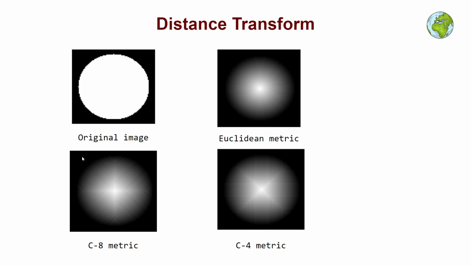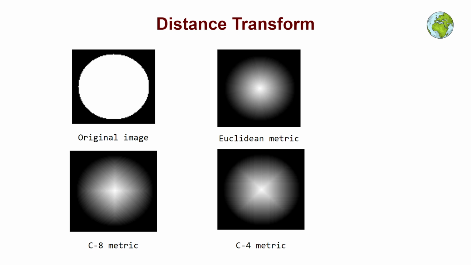So let's see an example of this to make the operation easier to understand. Here we have the original image. We can see it as a circle or a cell. It is a white circle and we have a black background. When we apply the distance transform, we can choose the distance that we apply.